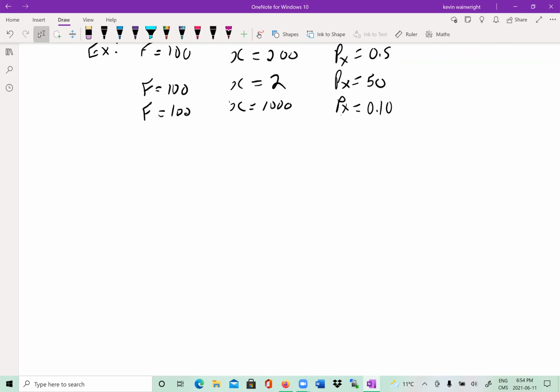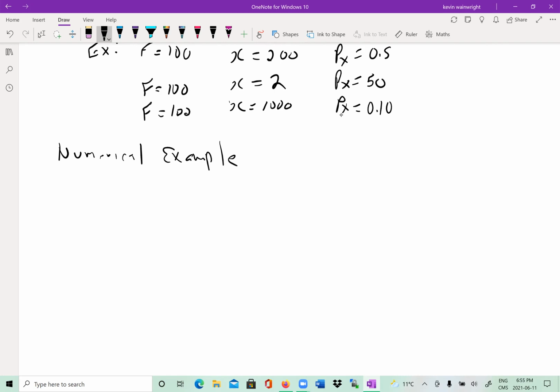Okay. Now, let's work through a more complex numerical example.